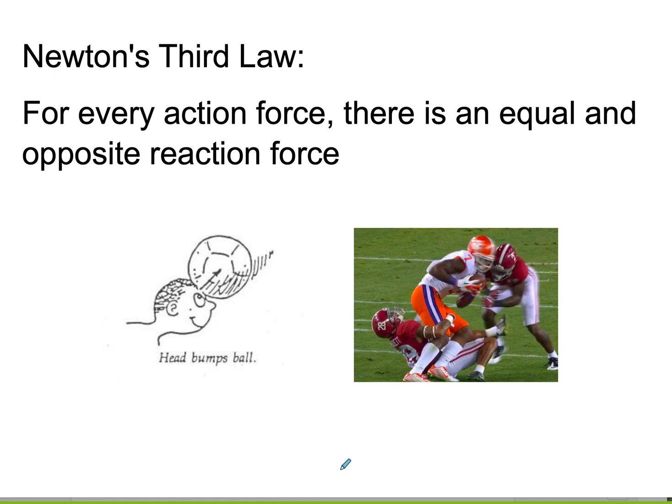Now, another way of thinking about this, you guys, is that you can't ever hit an object harder than it hits you back. So let's say that I'm a soccer player and I'm heading a ball.